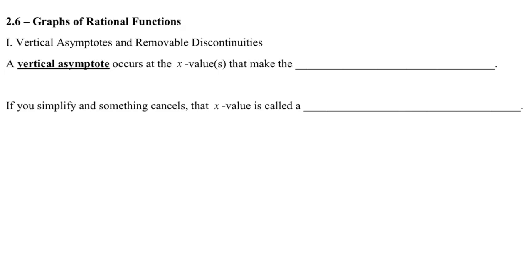So a vertical asymptote occurs whenever the denominator is equal to 0. And so whenever you are looking for vertical asymptotes, the first thing you're actually going to do is simplify by factoring and then canceling anything that the numerator and the denominator have in common. If something in fact cancels out, then the x value associated with that factor is what we call a removable discontinuity.